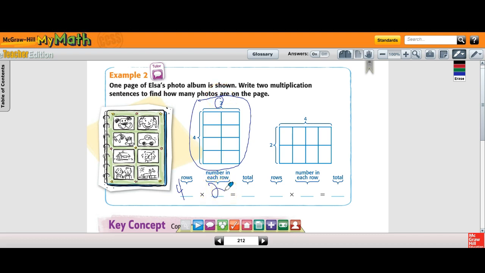So how many does she have altogether? You can go 4 times 2, or just count all the squares. 1, 2, 3, 4, 5, 6, 7, 8.